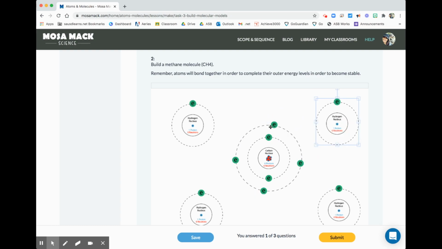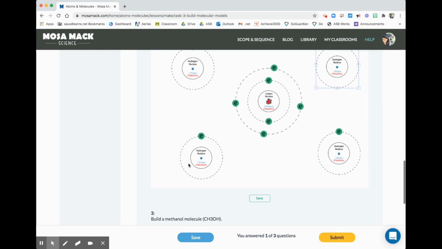Remember, your goal is to complete carbon's outer shell and to complete hydrogen's outer shell. So take a look. Carbon only has 1, 2, 3, 4 electrons in its outer shell. So it has space for 4 more. So where are you going to place your hydrogens at to make it complete? Once you're done, make sure you hit save.